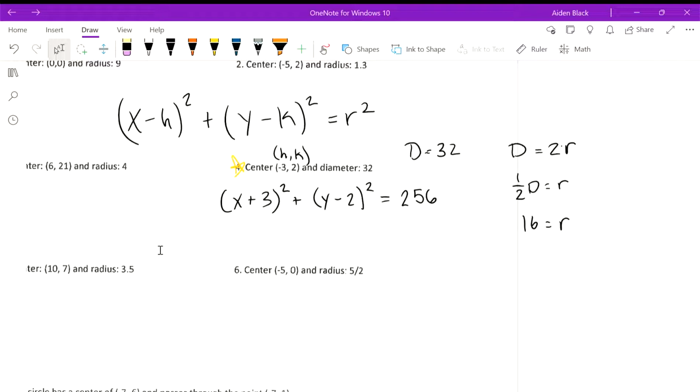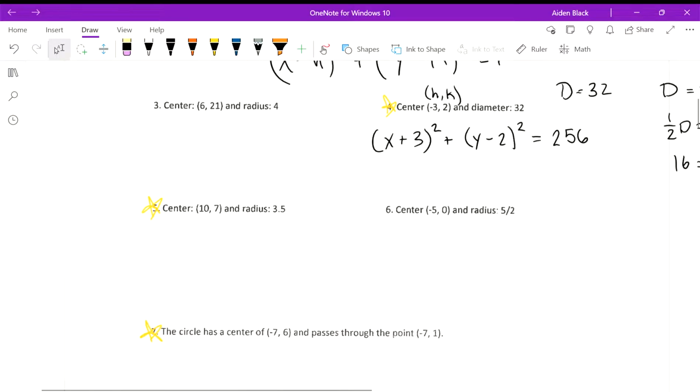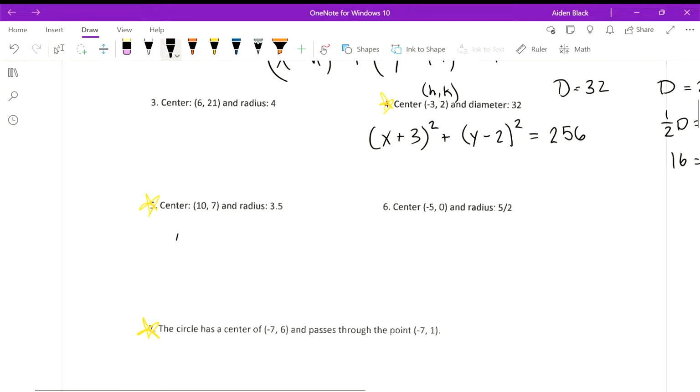And if you want to see what that looks like, we said our radius is 16, right? And then we had it centered at -3, 2. So h should be -3, k should be +2. So it would look like this. Alright. Now let's look at this one. Again, x minus h.